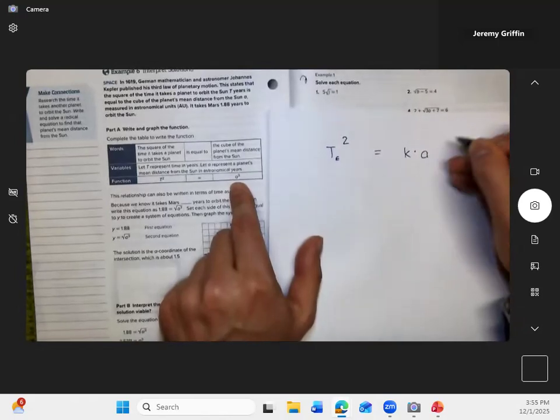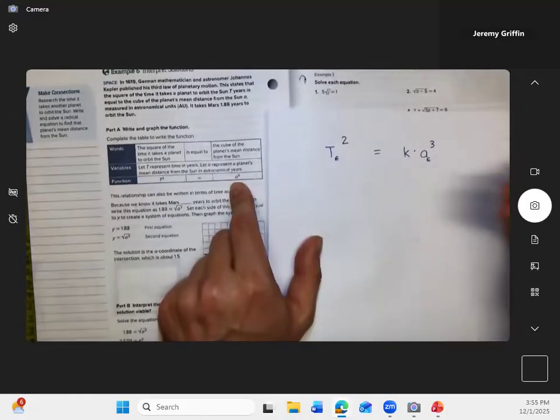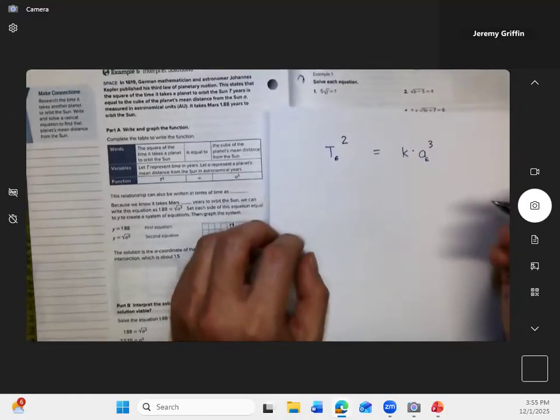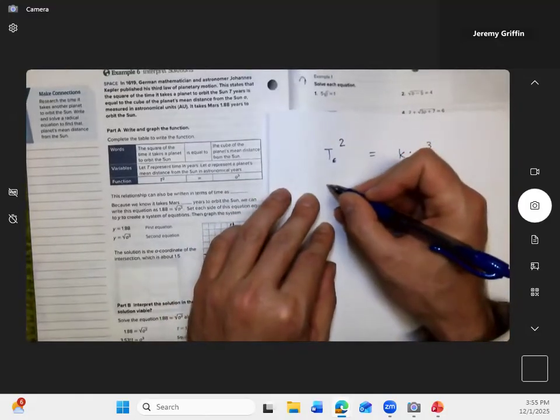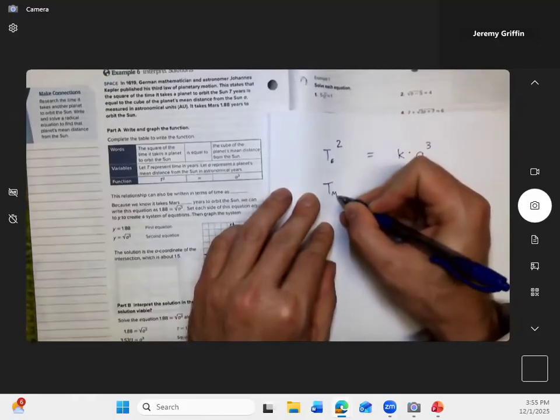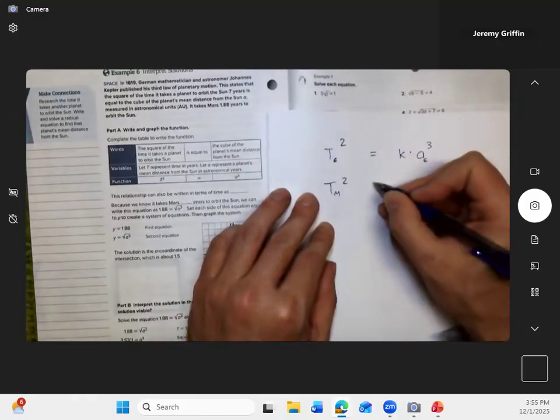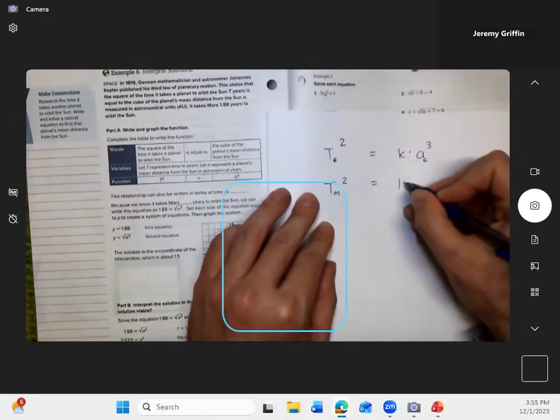I don't know why they went with a, but I'll stick with that. And this is for Earth. Now for Mars, Mars takes a different time to go around the sun, so it'll be the time for Mars, and that value squared is equal to the exact same constant.